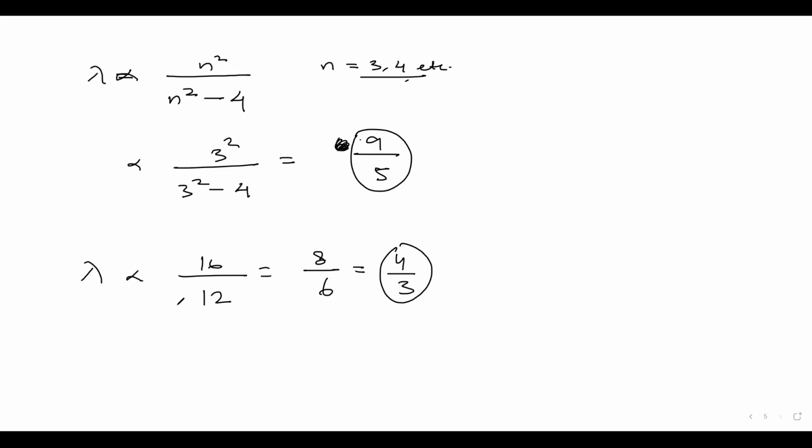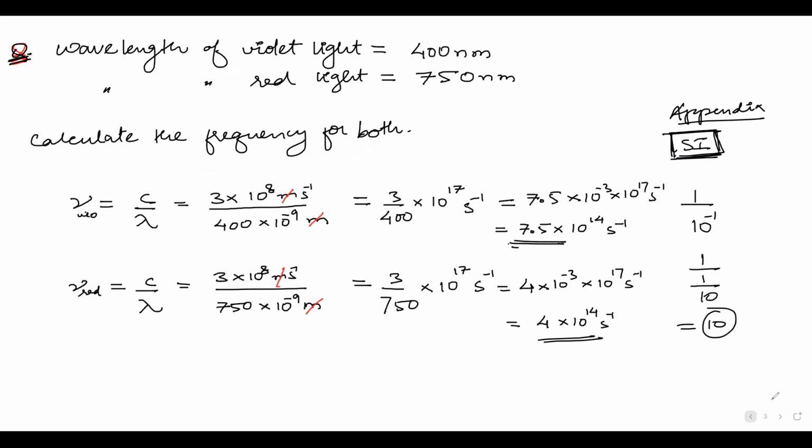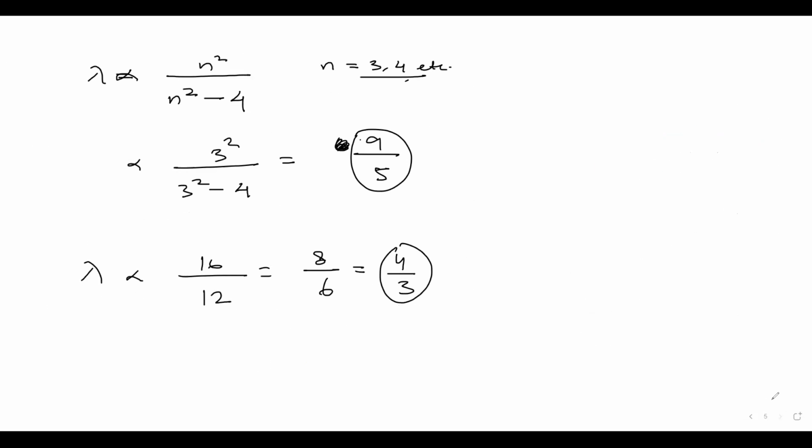Now there is some constant which can be multiplied into this, and we can get either 750 or 400. Can you think of any number which can be multiplied and we get 750? That number should be constant here.